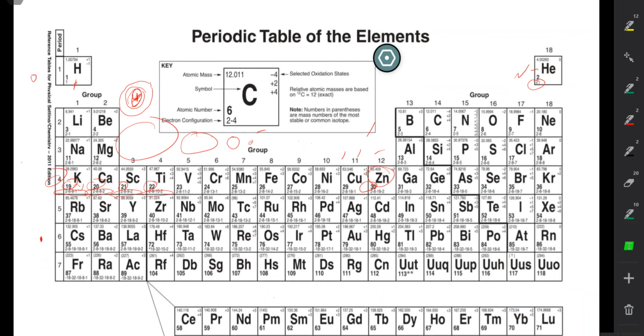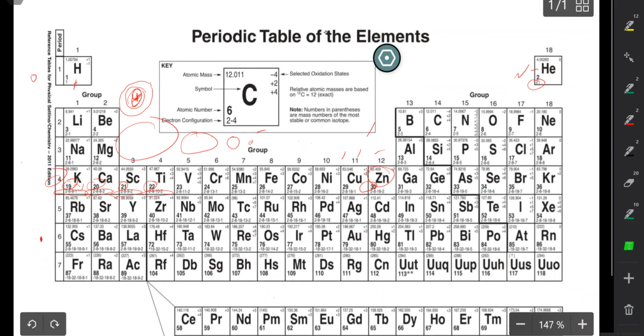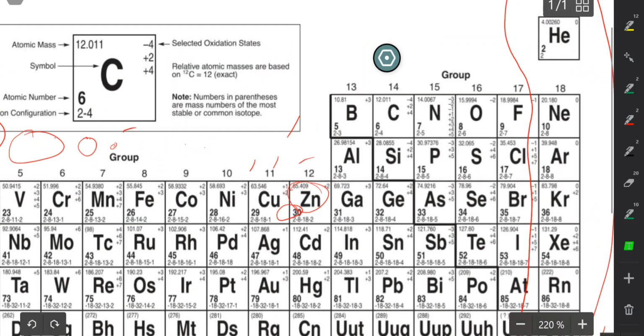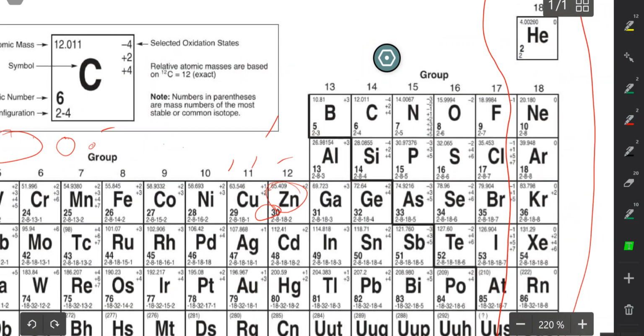Since we already talked about chemical stability, it's very important now to notice that noble gases are very chemically stable. That means they don't react with other elements, or they very rarely react with other elements. Notice helium has 2 valence electrons in its first shell. It's chemically stable. Neon has 8 valence electrons in its last shell.